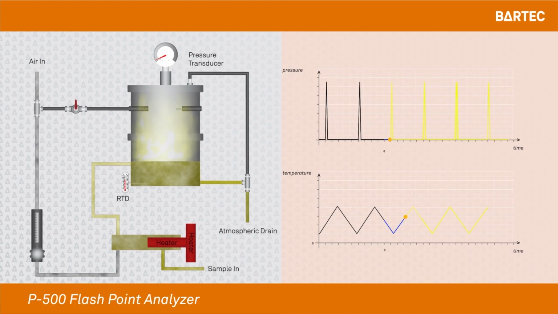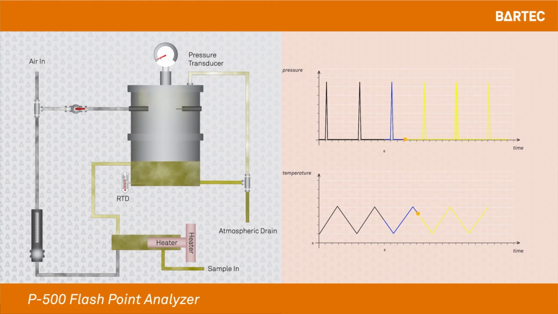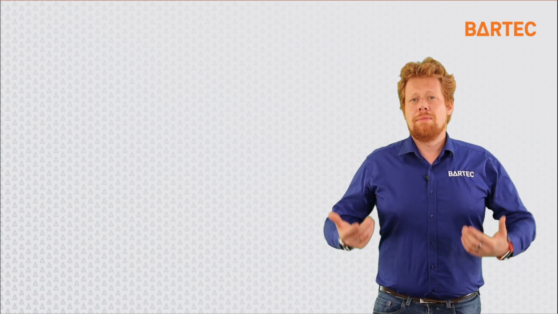Then on a regular interval, the spark plugs as ignition source are turned on until an explosion has been reached. As the explosion occurs, a high pressure spike is recorded by the pressure transducer, which is then correlated to sample temperature and recorded as the flashpoint. The cycle starts over.